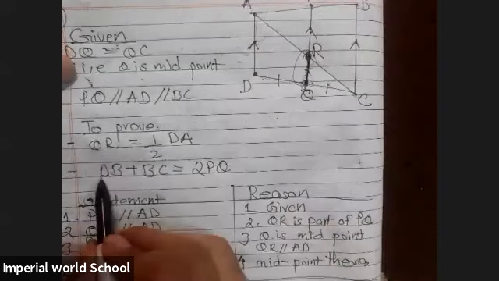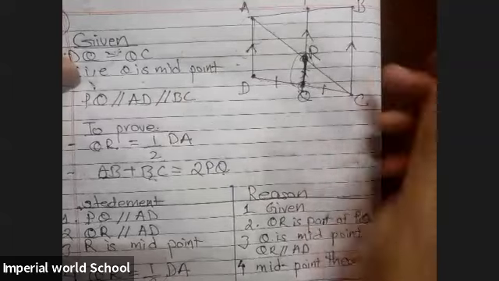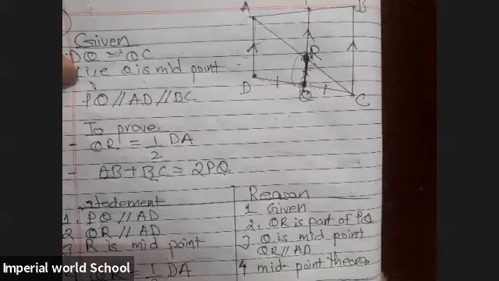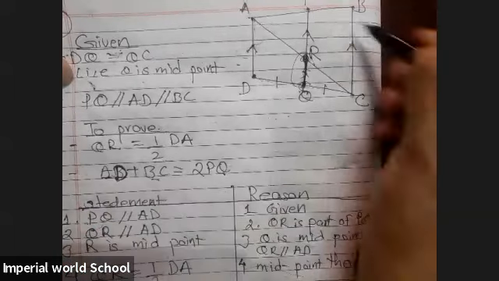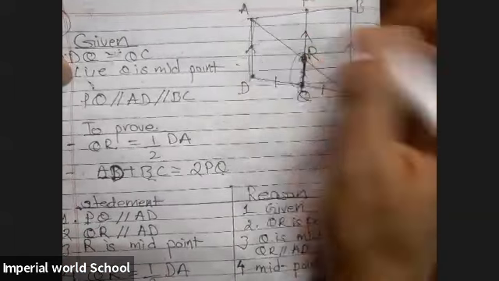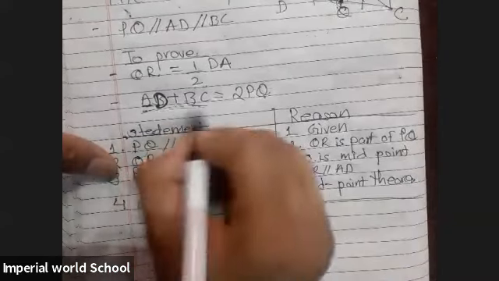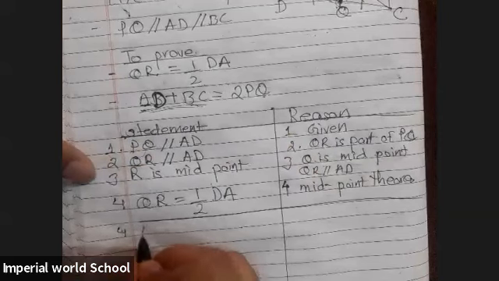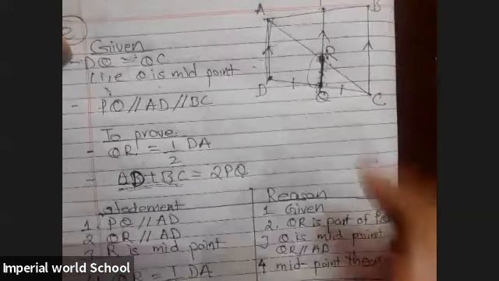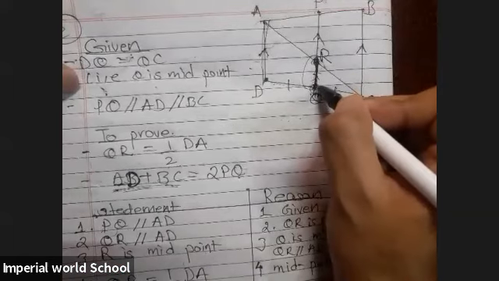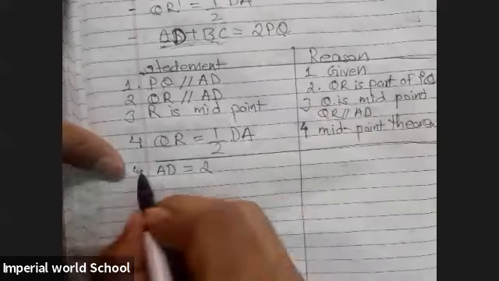So now to prove AD plus BC equals 2PQ, let's find the value of AD. So AD is going to be double of PQ, right? If you see from this triangle, let's write the title also, it will be more clear.